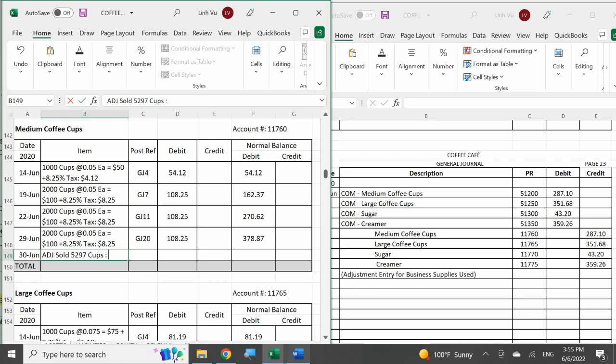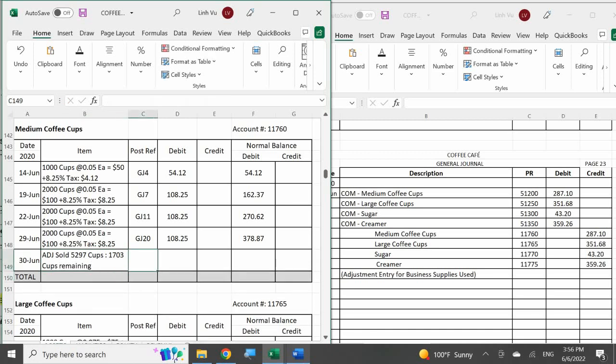We started out with 7,000 cups and we sold 5,297. So we should have a remainder of 1,703 cups remaining.